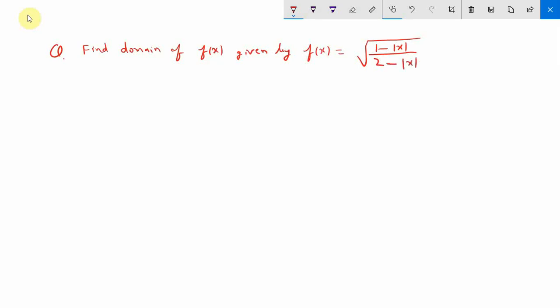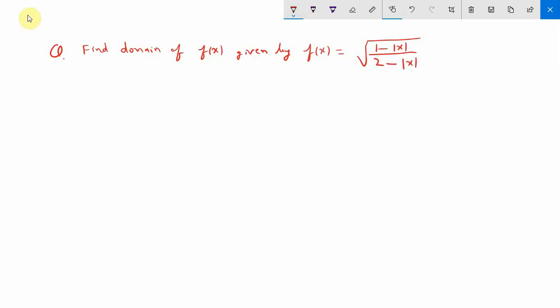Find the domain of the real function f(x) given by f(x) equal to under root of (1 minus mod of x) divided by (2 minus mod of x). So it is (1 minus mod of x) divided by (2 minus mod of x).